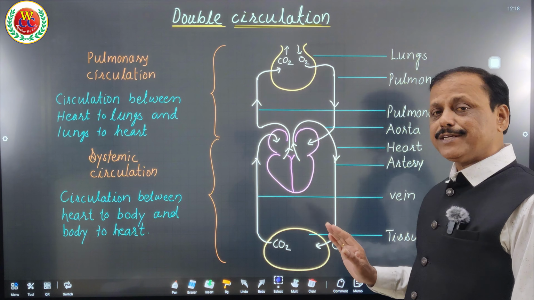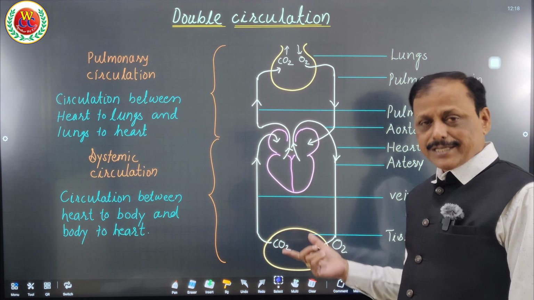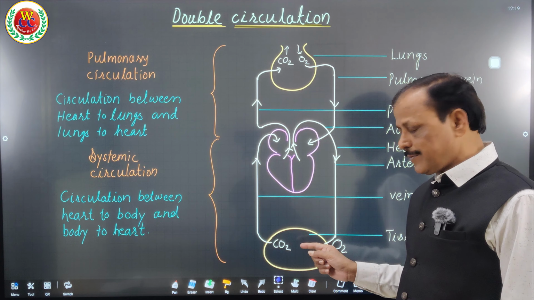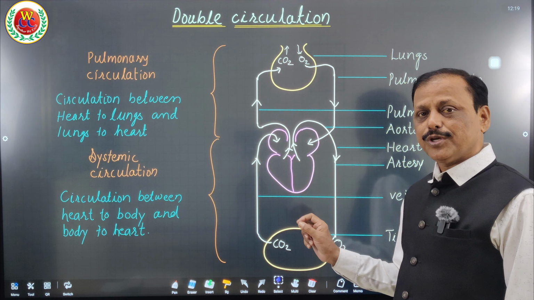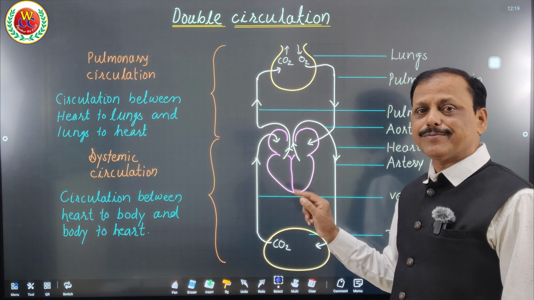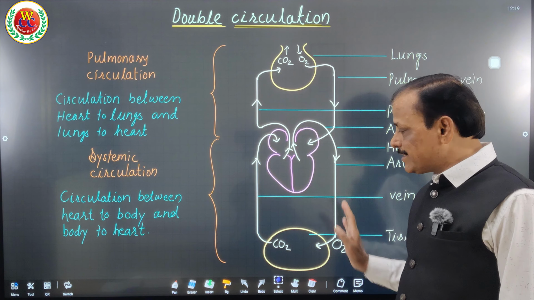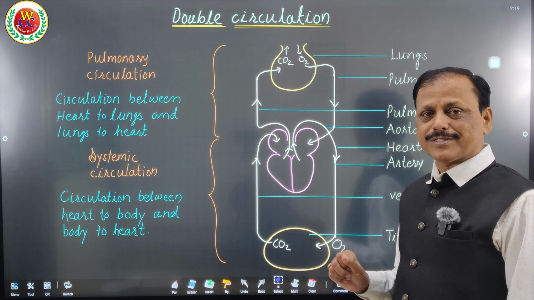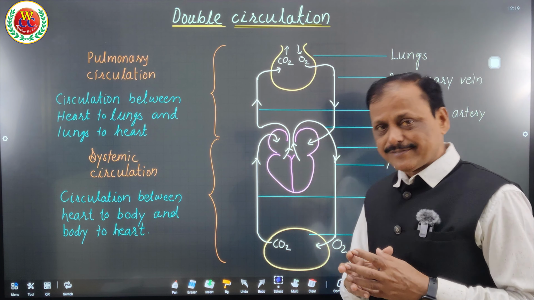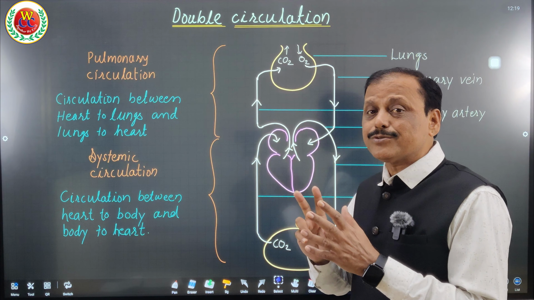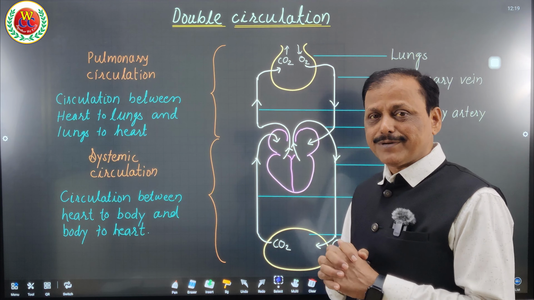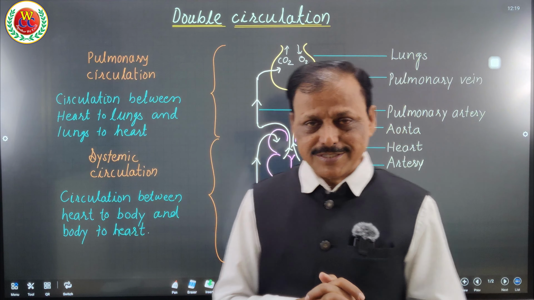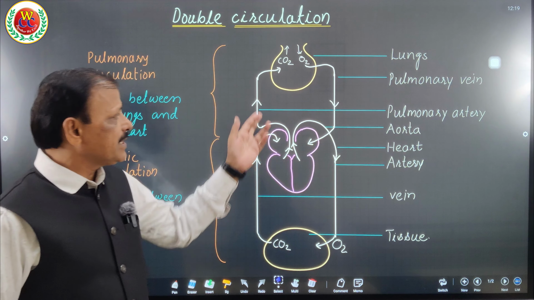So after delivering oxygen, that carbon dioxide containing blood comes back to the heart through venules, veins, large veins, vena cava. So this circulation is known as systemic circulation. Now these two pathways help to have these two circulations of the same blood, and hence it is called double circulation.